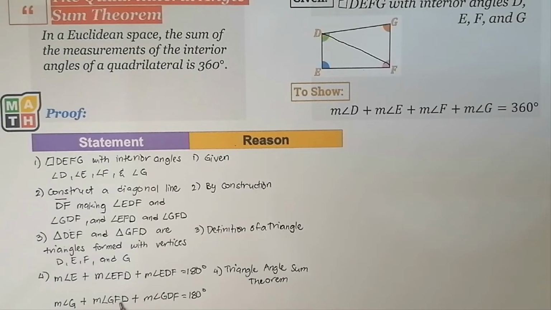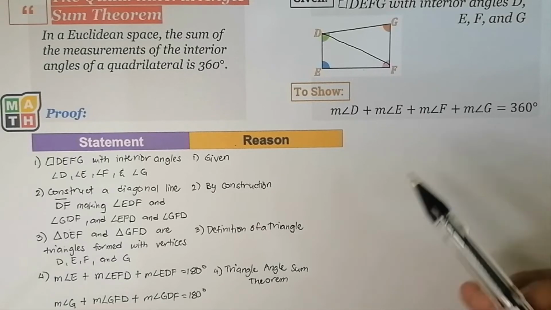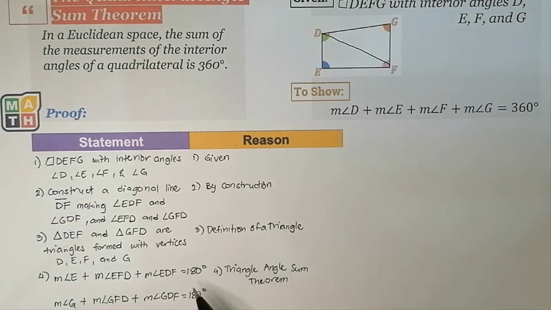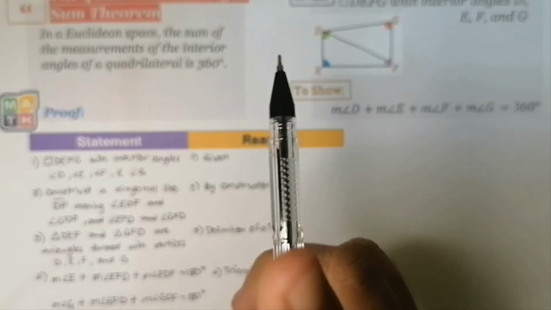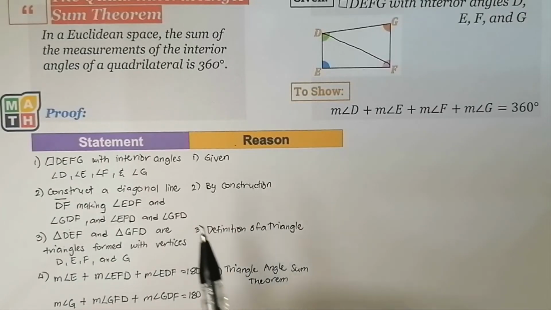Notice that we already have two statements bearing 180 degrees, but our goal is 360 degrees. That would actually mean that there is a way that we could combine both of them. That's just a hint for this process here. But let us show that to happen. Where do we go next?